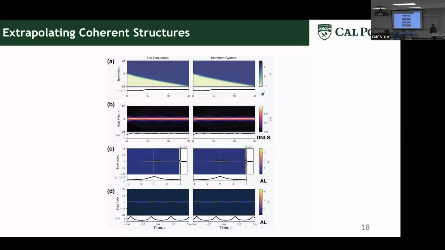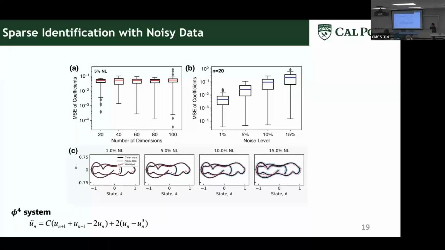Sorry. All right. In terms of performance with noise, here we use a 5-4 system, and we calculated the MSE of those coefficients. The red line is the median, and we can see it is stable across different dimensions. We do see some outliers when we get to 100 dimensions.